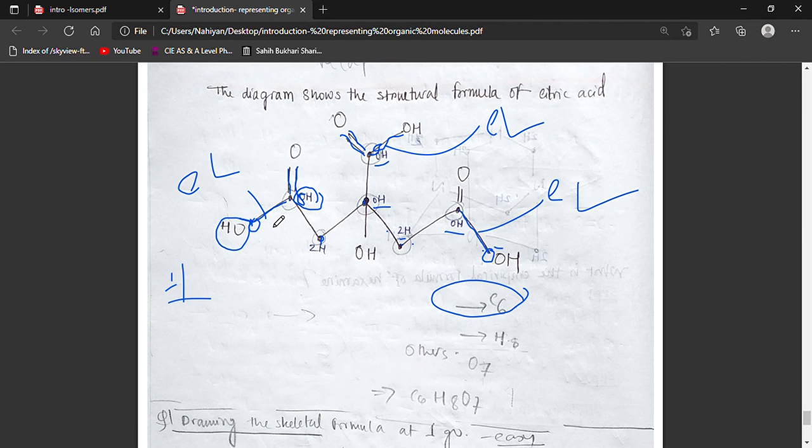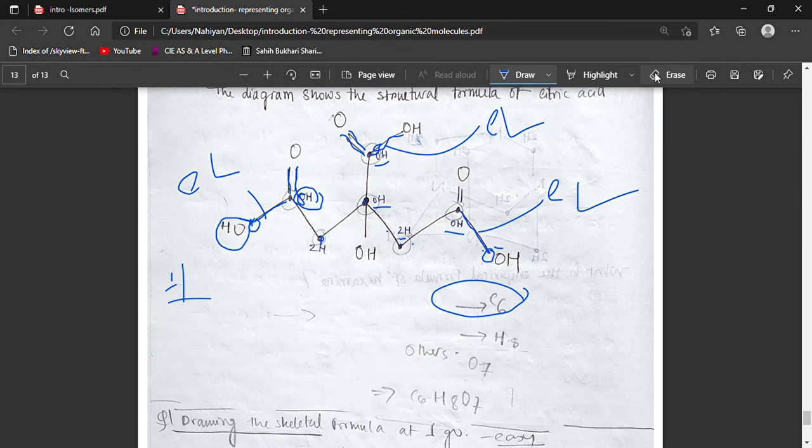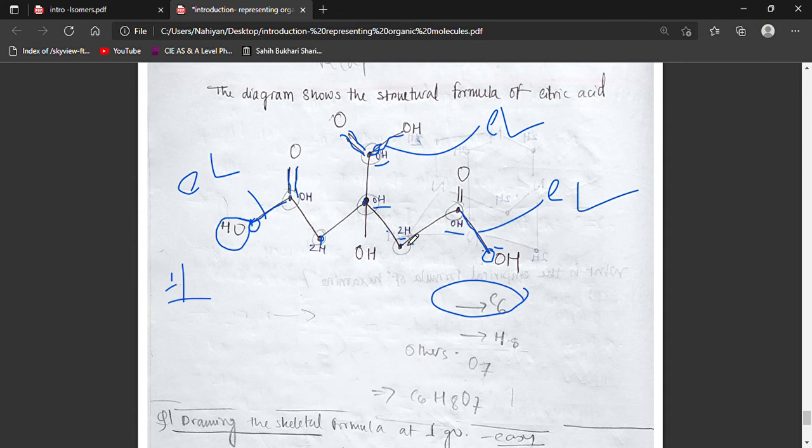So if you count the number of hydrogens, we have 0, 2, 4, 5, and here we have 6, 7, 8. So let's count it again.